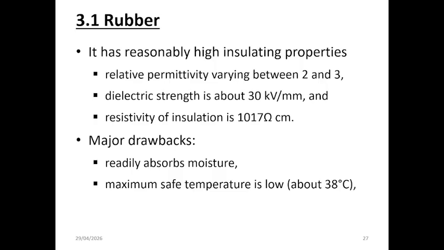However, it has two major drawbacks. It readily absorbs moisture and its maximum safe operating temperature is low, around 38 degrees centigrade, which limits its use in high temperature applications.